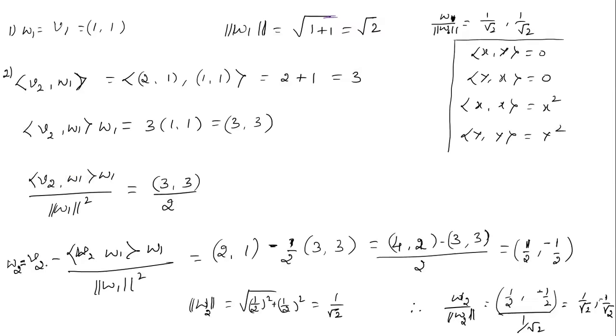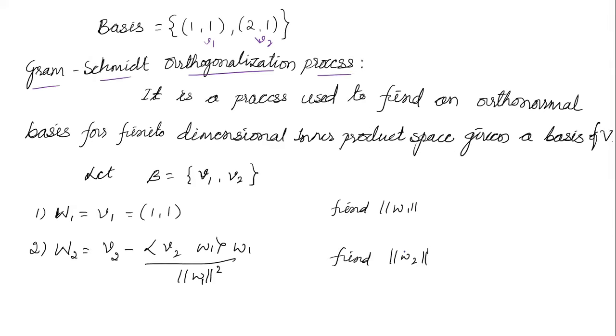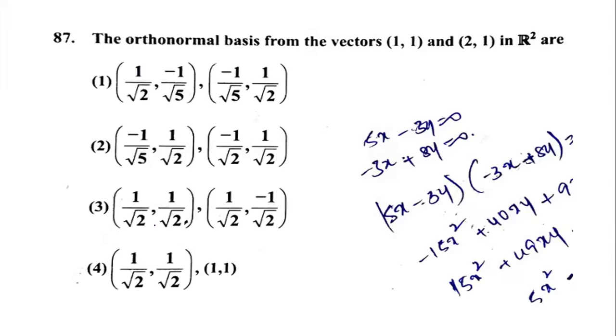Next, W2 is V2 minus the inner product of V2, W1 times W1 divided by norm of W1 square. If we solve this, we get (1 by root 2, minus 1 by root 2). The procedure is there. In the option, (1 by root 2, 1 by root 2) and (1 by root 2, minus 1 by root 2) is the right answer for this question.